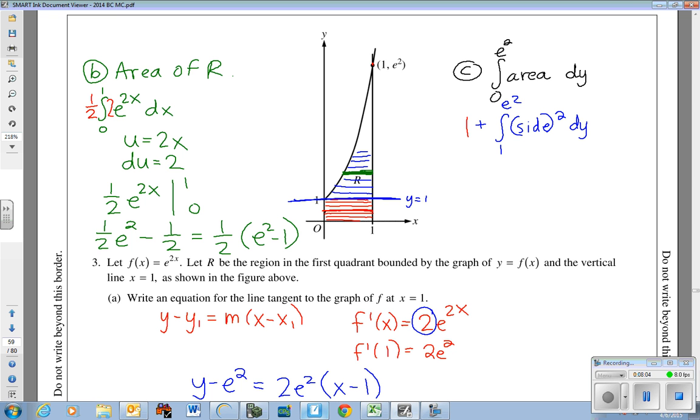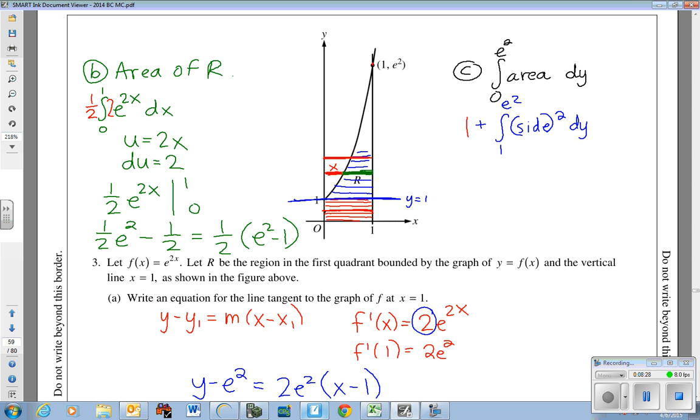All right? So this is going to be a subtraction problem. If I want to find the length of that green line, from here all the way over is 1, and from here to here has a couple of possible names. That little distance right there from the y-axis over to the graph is x. However, I'm not just going to call it x.